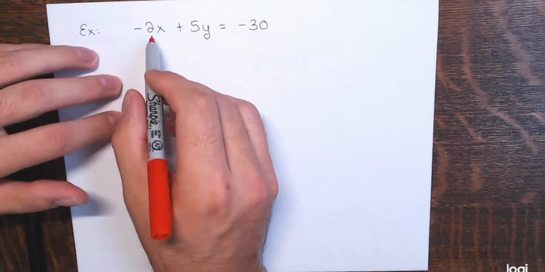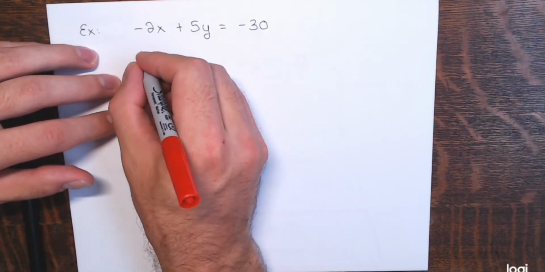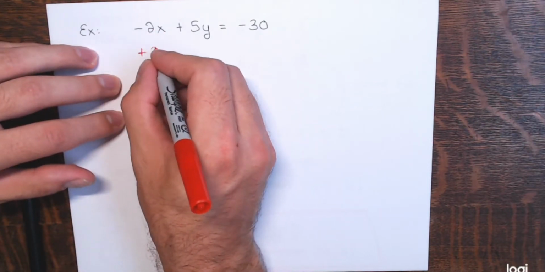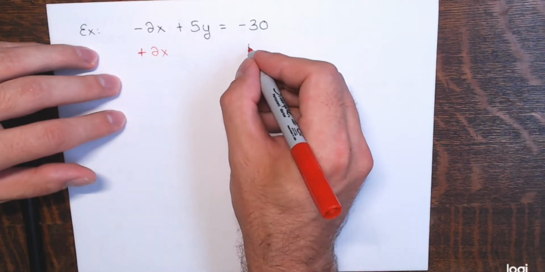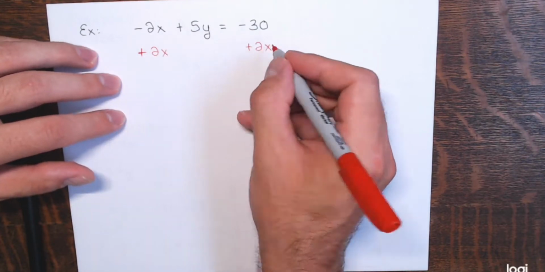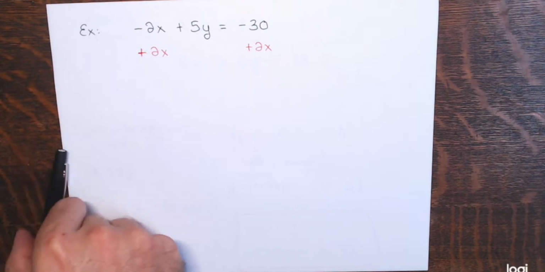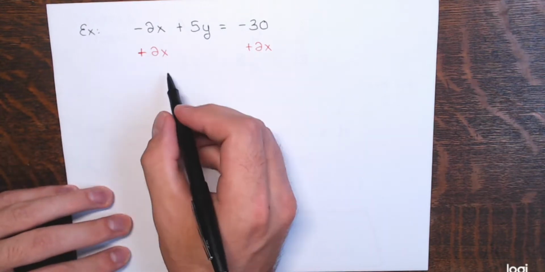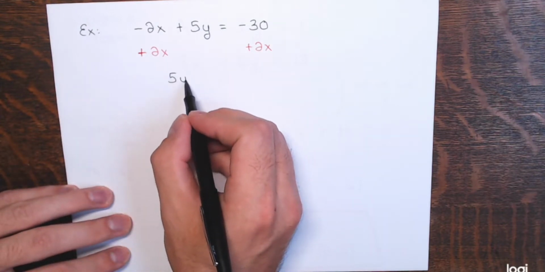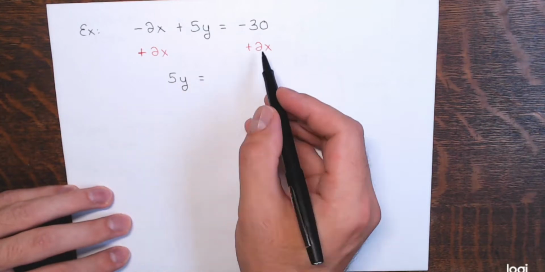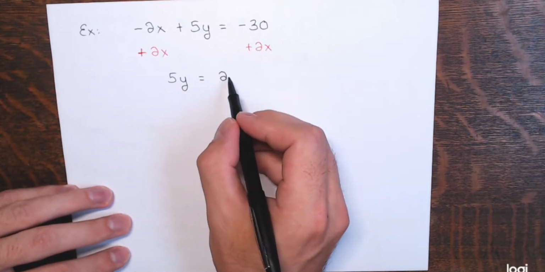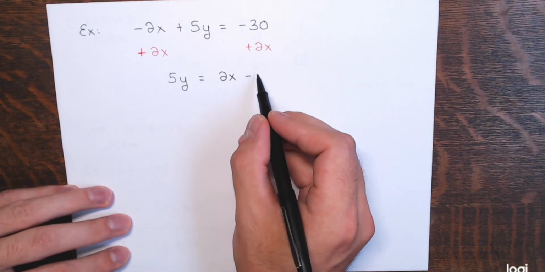So let's get rid of the negative 2x. I'm going to add 2x to both sides. That gives me positive 5y on the left equals, and over here, positive 2x minus 30.